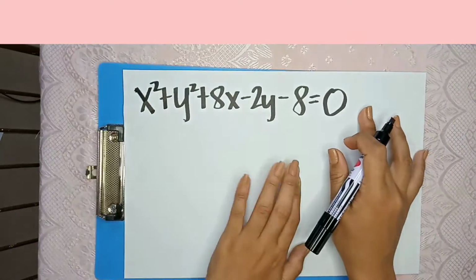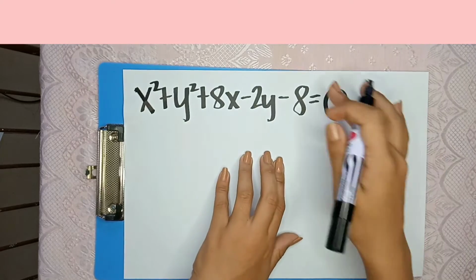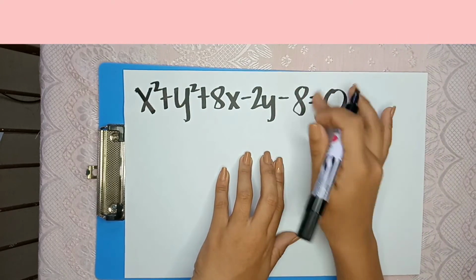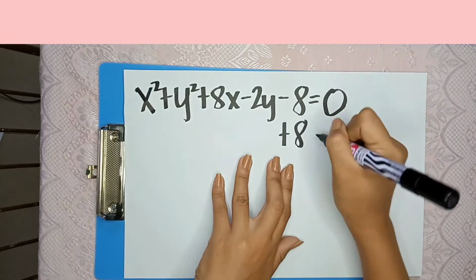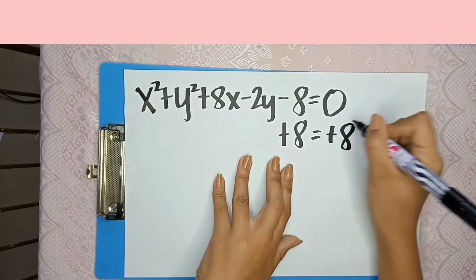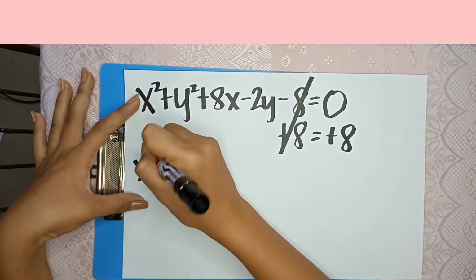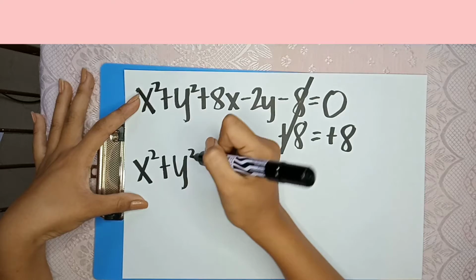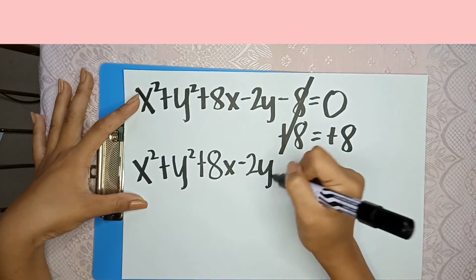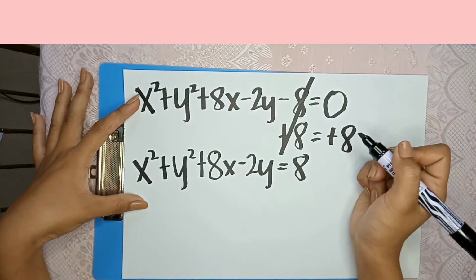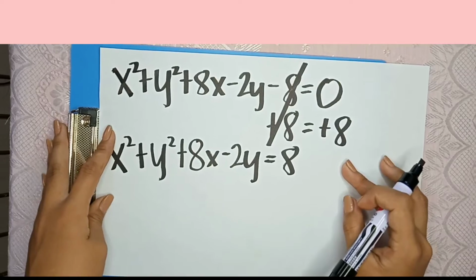To do that, we add 8 on both sides, or it depends on the given value of the constant term. Here we have negative 8, so we add 8 here and also here, and we cancel both. This gives me x squared plus y squared plus 8x minus 2y is equal to 8. So the constant term is now on the other side.